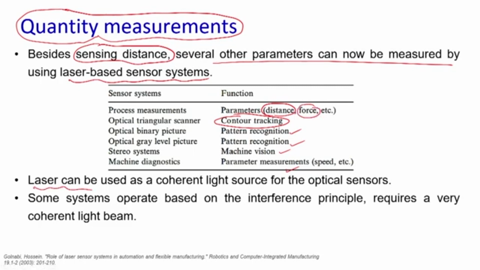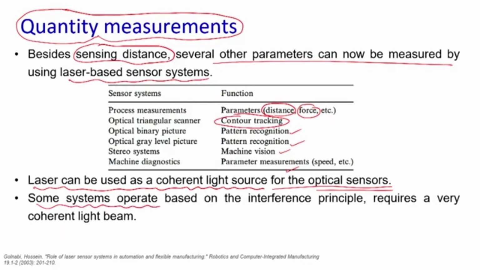Here we are using the laser as a coherent light source for optical sensing. We apply the coherent light source on the work part, and based upon the reflection and the response time after application of the laser, we can easily compute the distance or location of that part from a reference point.